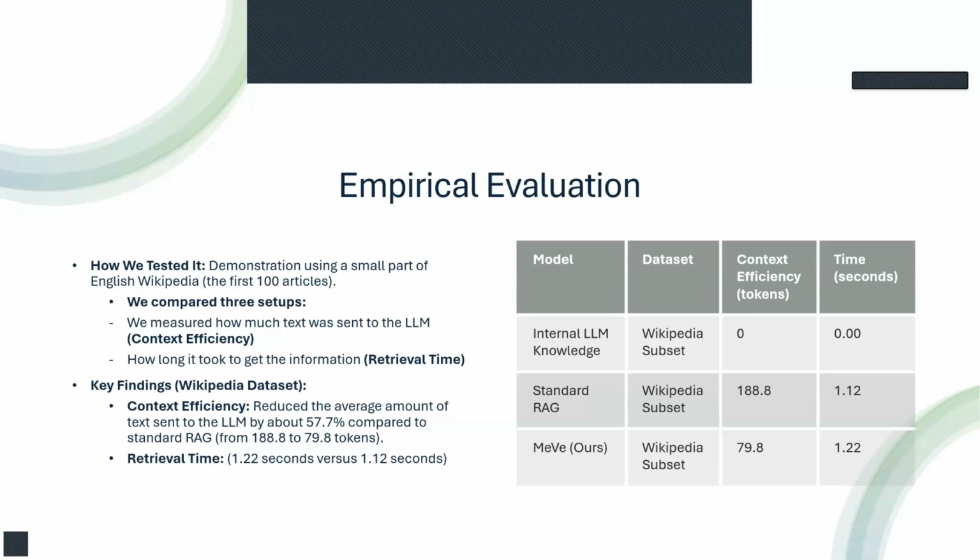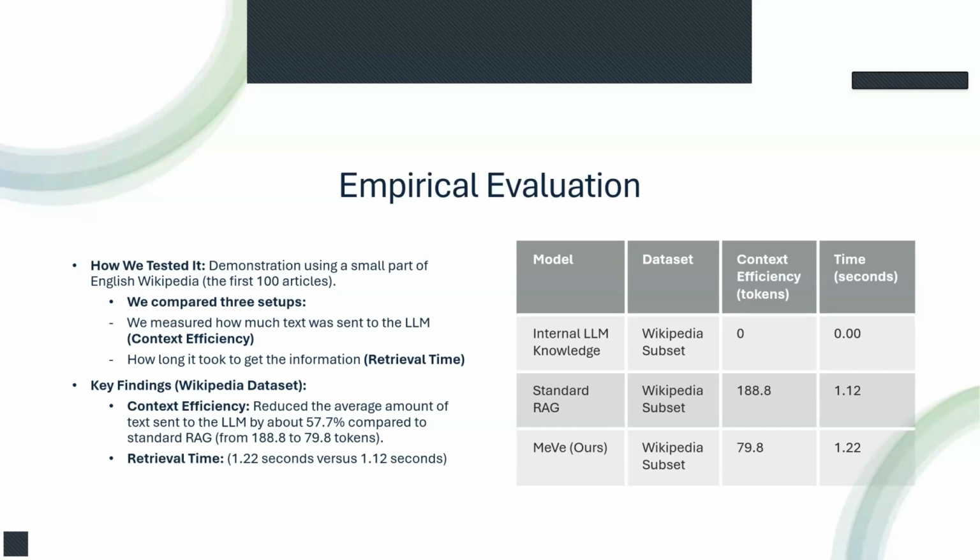Context efficiency is how much text was sent to the LLM. And standard RAG was on 188.8, while MeVe was on 79.8. And then you can see here that it used on average more than 100 less tokens on MeVe.